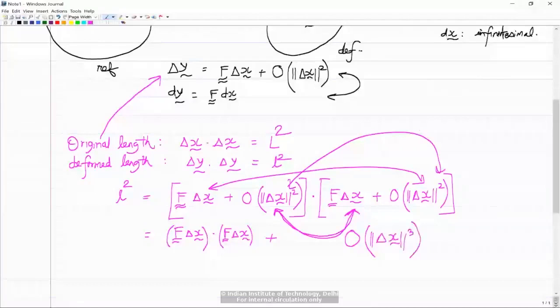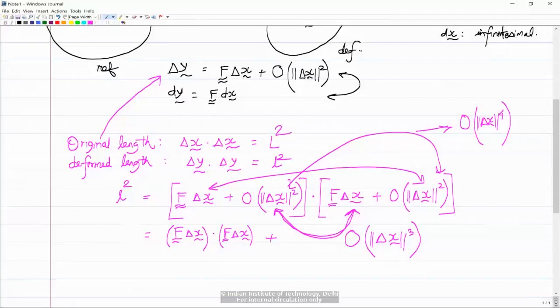But you see the last one, order delta x square into order delta x square, that's big O delta x 4, isn't it? But when you say big O delta x cube, it also contains all the other orders of more than 3.